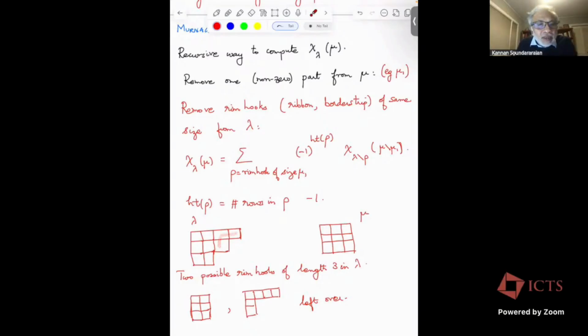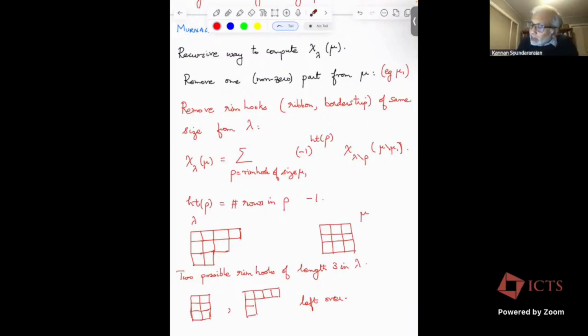If I just remove these 3 boxes, I'm still left with a partition. So a border strip is something that hugs the border of this partition. And then if you remove something from the border, you're left still with a partition. So I have some choices. I could either remove this 3 or I could remove that 3. Those are 2 border strips of length 3 that I could remove, and I would get a new partition in place of lambda.